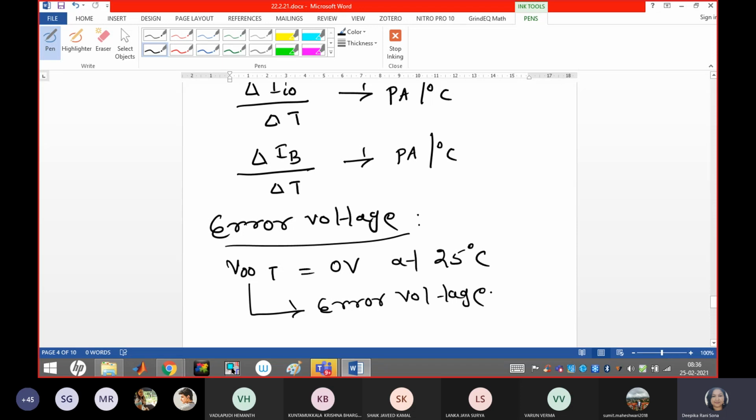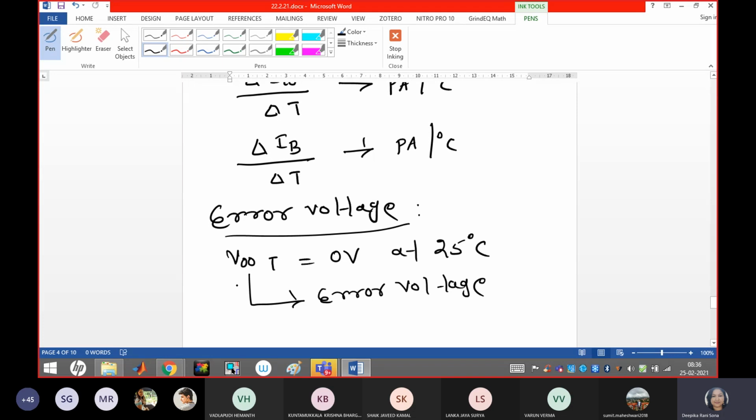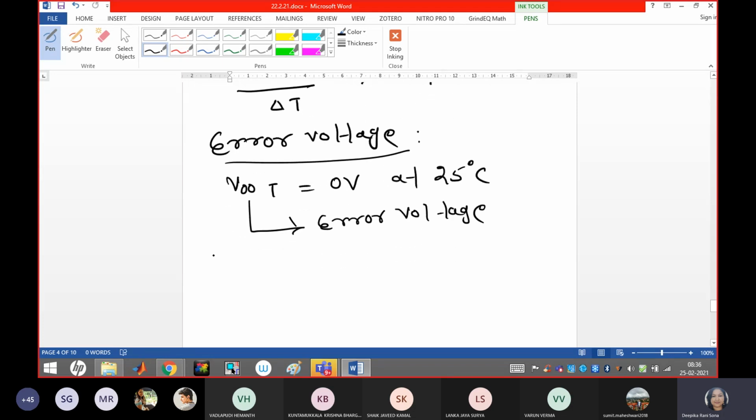Elaborately, it is the maximum possible change in the total output offset voltage. Some books represent this as EV, the error voltage, or del VOOT, and it can be represented as the maximum change, so we write 1 plus RF by R1.